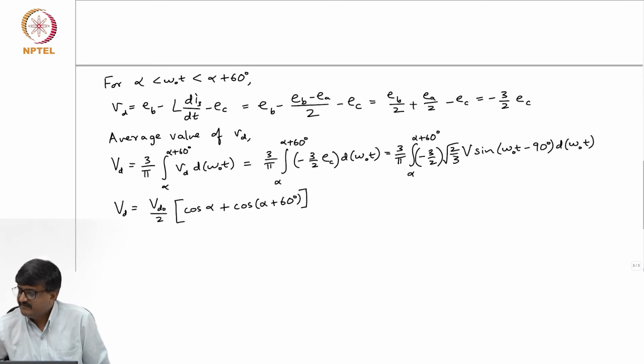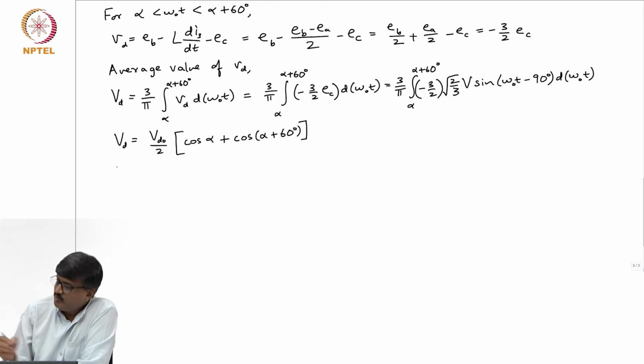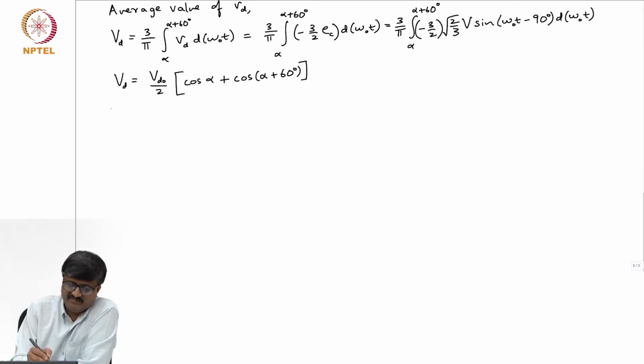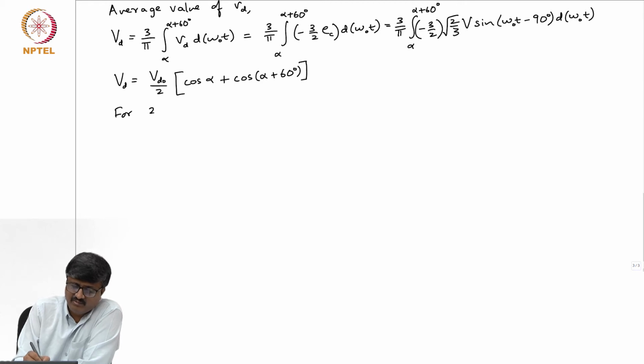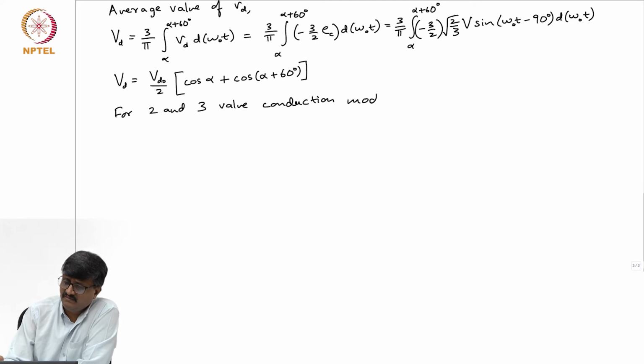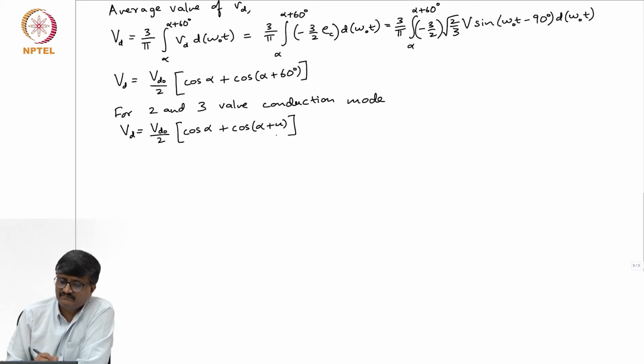So let us look at what was the expression for 2 and 3 valve conduction mode and 3 and 4 valve conduction. For 2 and 3 valve conduction mode, the equation relating Vd, Vdo, alpha and u is Vd equal to Vdo by 2 cos alpha plus cos alpha plus u. This equation is valid for u greater than 0 and less than 60 degrees.